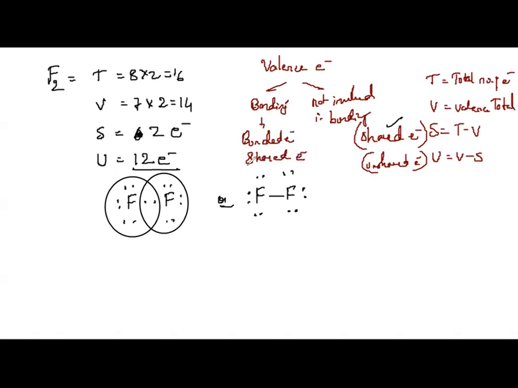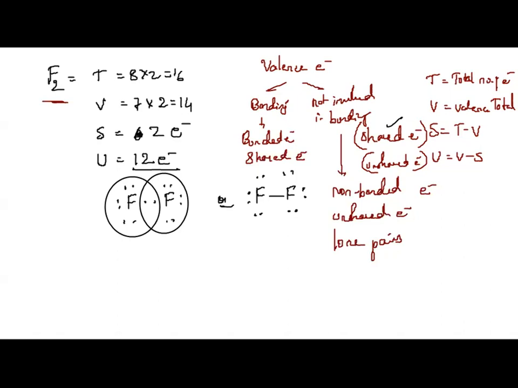The electrons not involved in bonding are called non-bonded electrons, or unshared electrons. When I say unshared electrons, it will be 6 for each fluorine. When I say unshared electron pairs, it will be 3 pairs for each fluorine. They are also called lone pairs. So this is how we write the Lewis structure for a molecule.